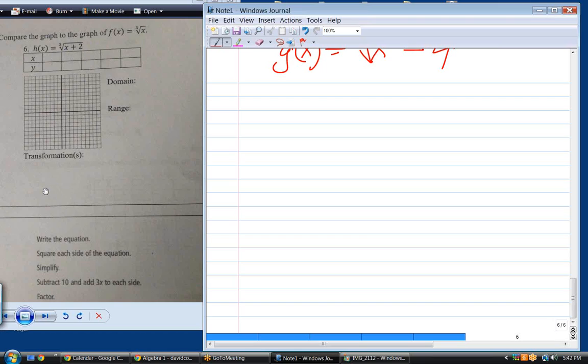So, horizontal to the right 2. To the left 2. Okay. It's always opposite this sign. In other words, if this sign is plus, you're going to go left. If it's minus, you're going to go right. If you're adding something after that, it's up. If you're subtracting something, it's vertically down.